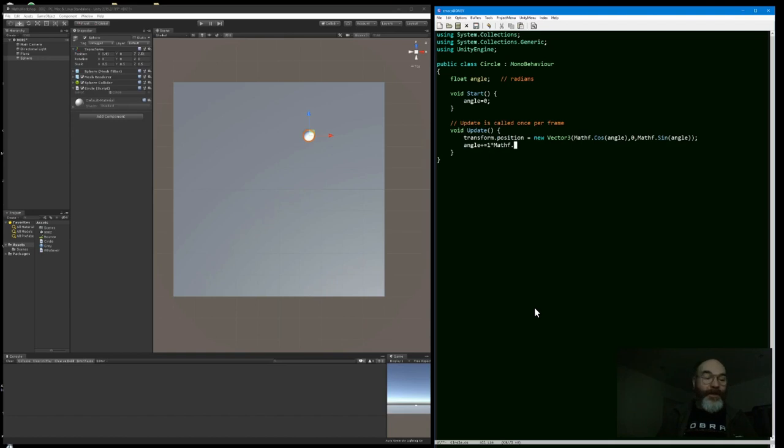It's not a function actually, it's a multiplier. If I multiply my 1 by degrees to radians, I think, is this correct? I think it's actually a constant. There we go.